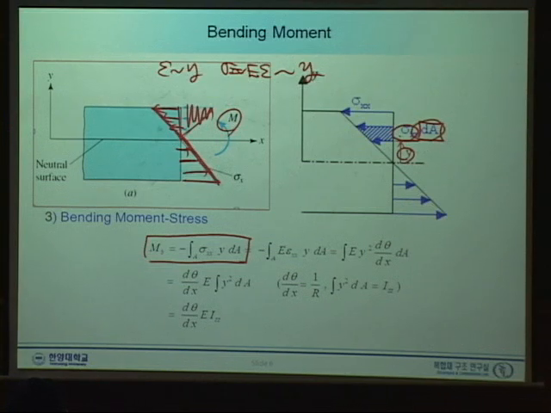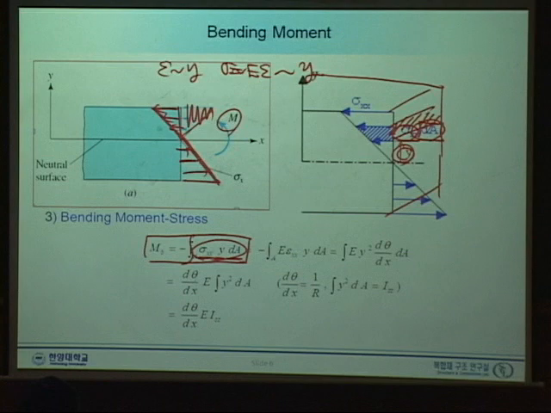What does dA mean? dA means this area. So sigma x times dA is a force, and then we need to multiply by y to get the moment. The force times y is the moment, and the integration is simply the total moment we apply on this cross section.